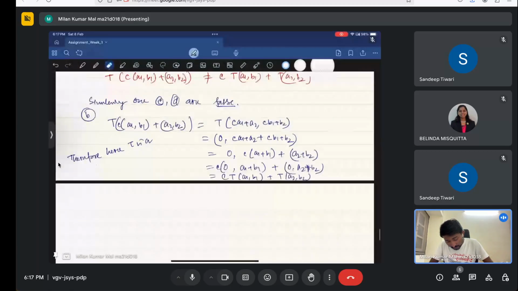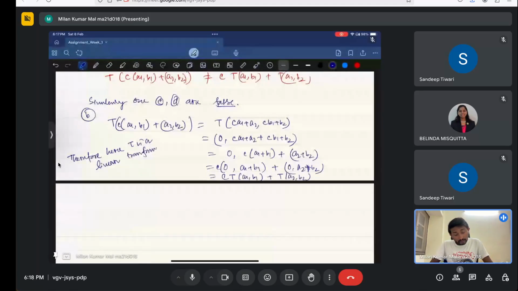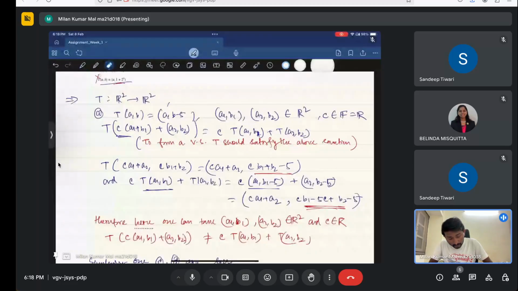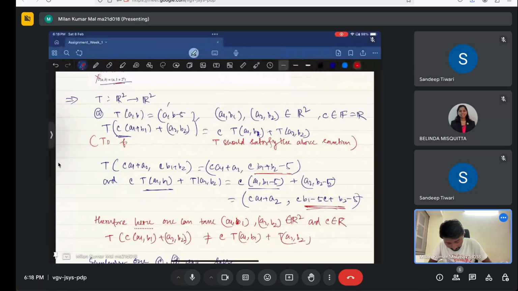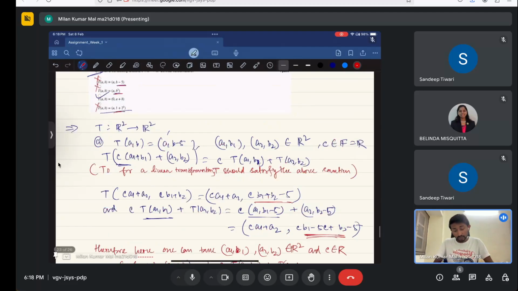T should satisfy the conditions to form a linear transformation. T should satisfy this condition. So the first question is this.